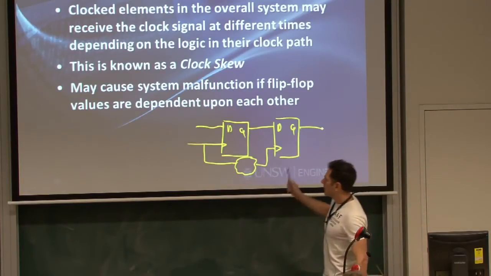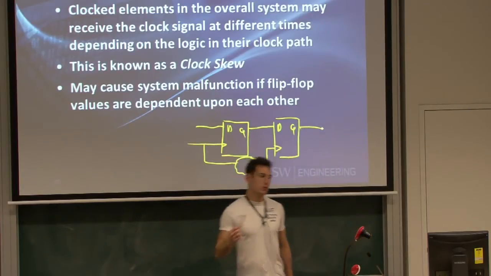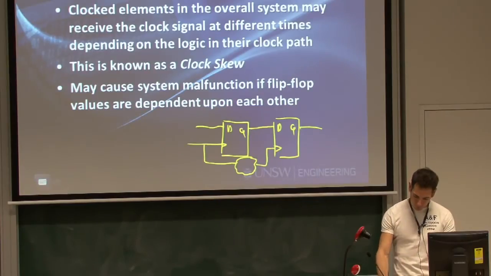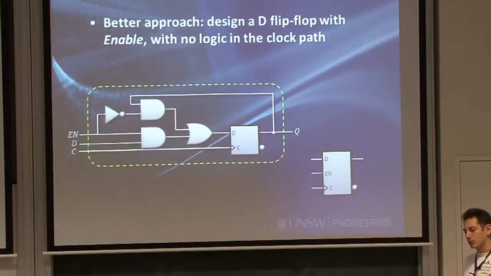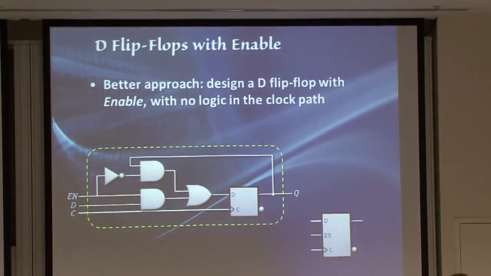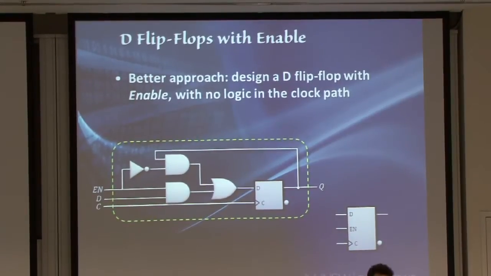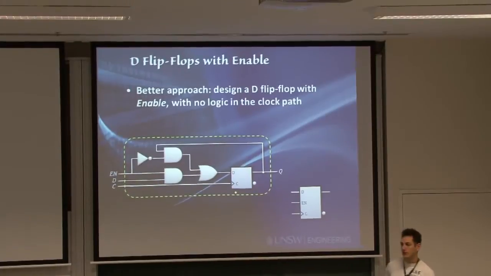So how do we go about solving this problem while still having the ability to control whether we want to load new values into the registers? Here's another possible solution, which is a D flip-flop with an enable, but now we're not touching the clock path into the flip-flop.